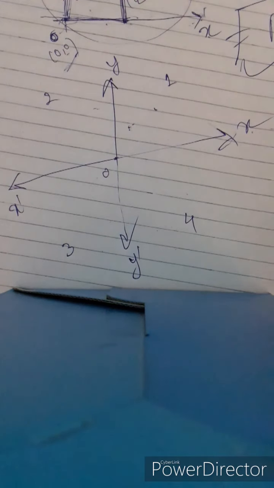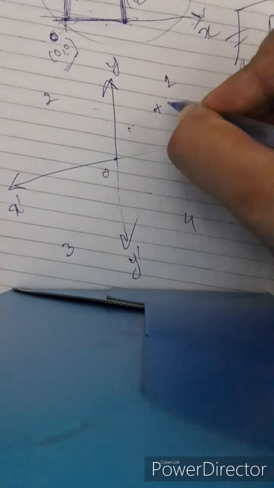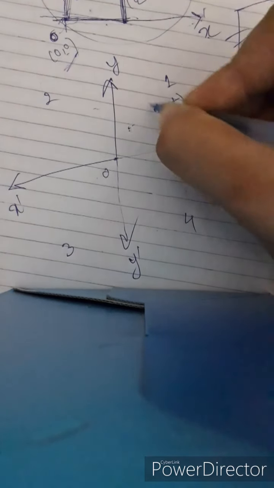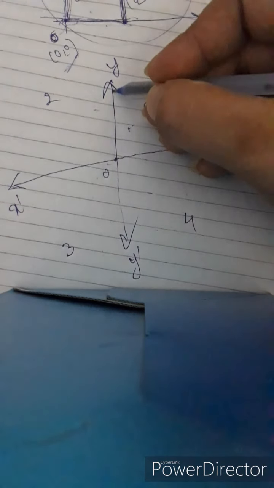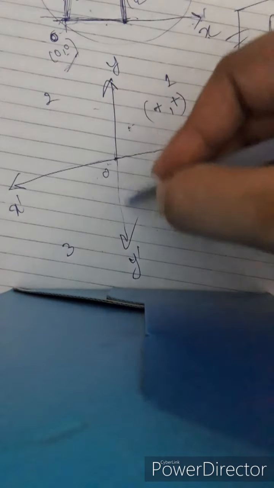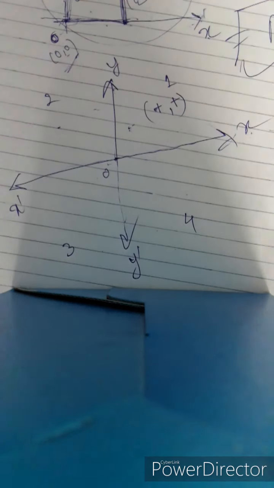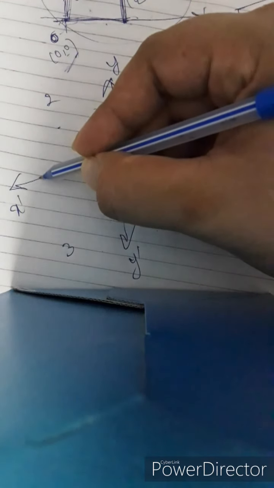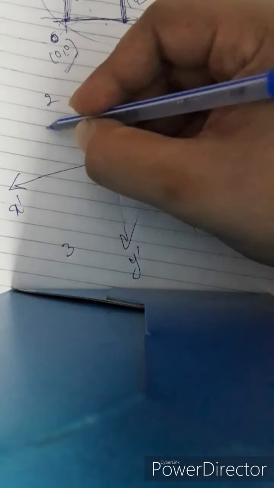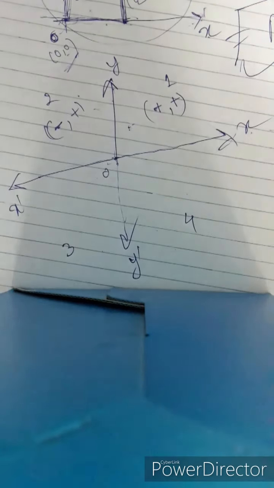So the sign convention: for the first quadrant, abscissa and ordinate are both plus, because this is the positive part and this is also the positive part, while these two are negative parts. What is the sign convention for quadrant 2? This is the negative part, so the abscissa becomes negative and ordinate becomes positive, so minus plus.